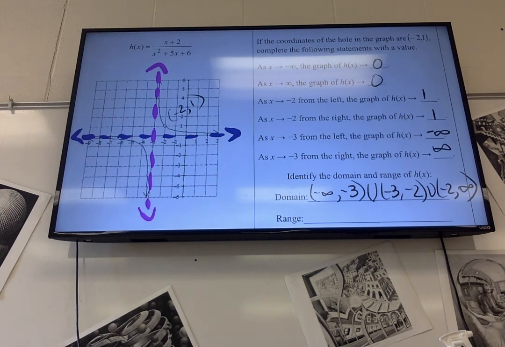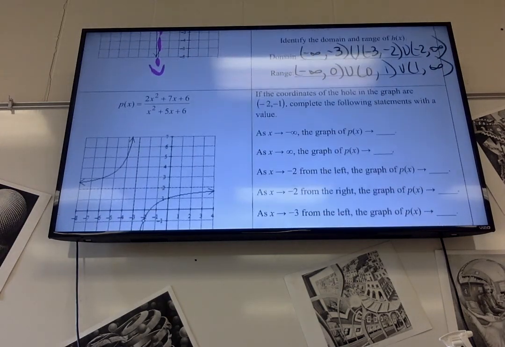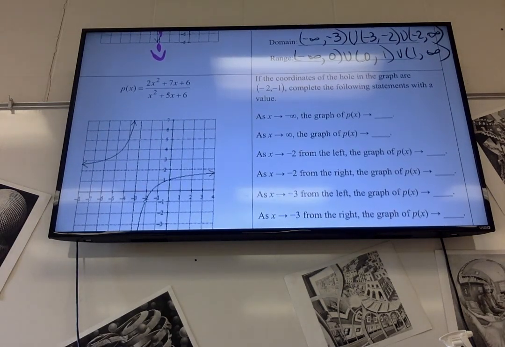So that's not what I had in my notes. But yes, that is absolutely right. Good job. All right. Joey, what's the next one? Negative infinity to 0, and then 0 to 1, and then 1 to infinity. Okay, so you try the last one.